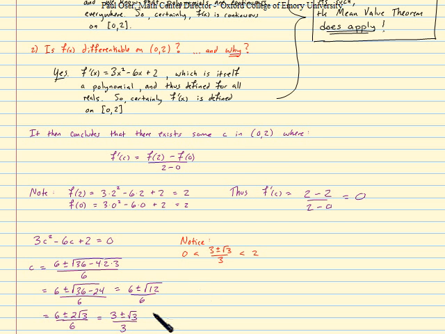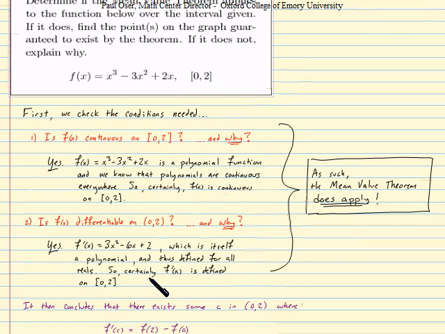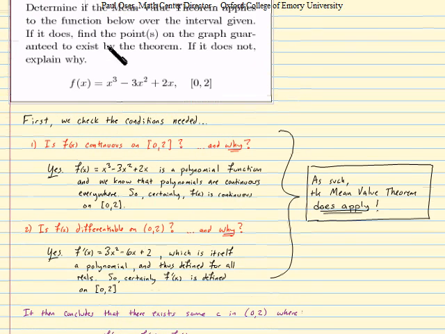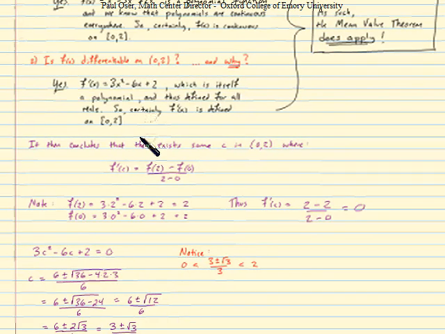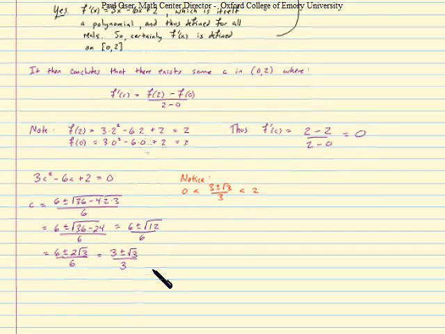Okay, but let's go ahead and proceed with both values here. Recall, the original question asked about points on the graph, so we need ordered pairs to go with these x values that we have just found. Okay, so that requires a little bit more work.